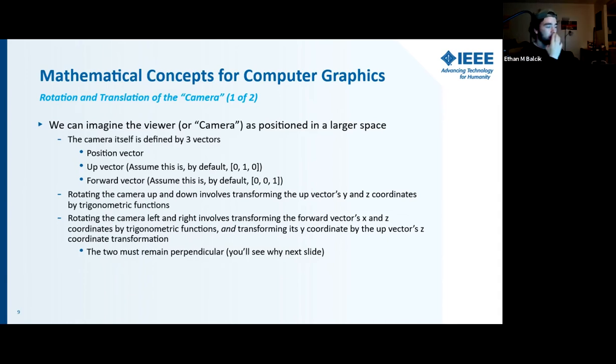By default, we define this as 1 unit in the y direction. And then we have the forward vector, which denotes exactly which direction the camera is looking at. By using these, we can represent any direction and orientation in 3D space.